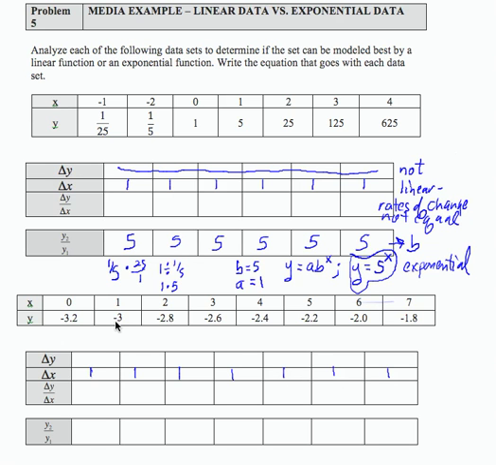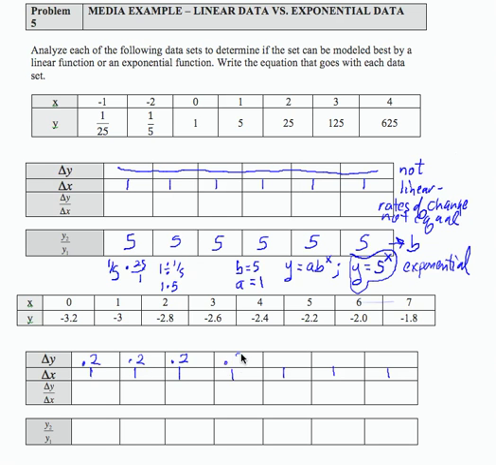If I look at my delta y, I see that there's a difference of 0.2 in each one. 0.2, 0.2, so I'm subtracting. This one minus this one gives me 0.2, 0.2, 0.2, 0.2. So my delta y for all of these is 0.2.